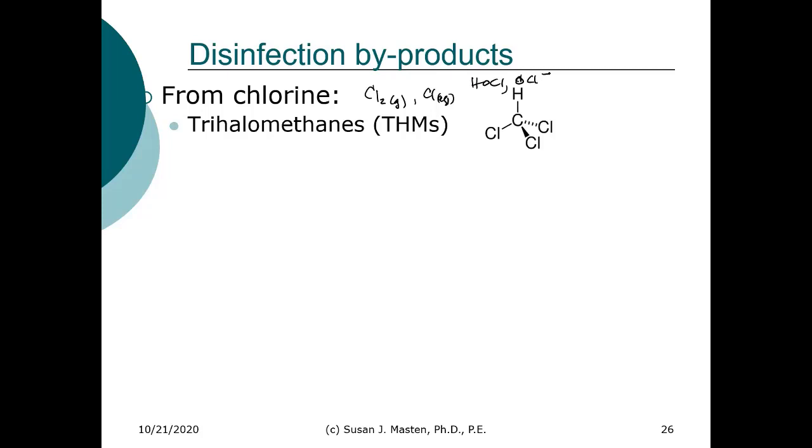All of these result in these disinfection byproducts. Trihalomethanes are carbon with either chlorine or bromine. So it can also be one bromine and two chlorines. It can be two bromines and one chlorine. It can be three bromines. So we can have, this is chloroform, this is dichlorobromoform.